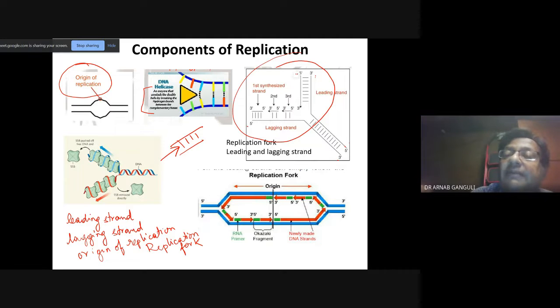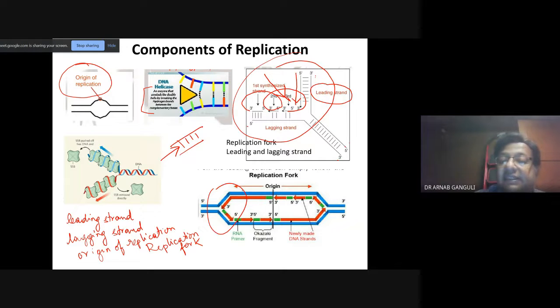The helicase is working like this over here. It is unwinding in the 5 prime to 3 prime direction. This is the leading strand. And then first this is synthesized from this, then this is synthesized, then this is synthesized. We have the lagging strand.